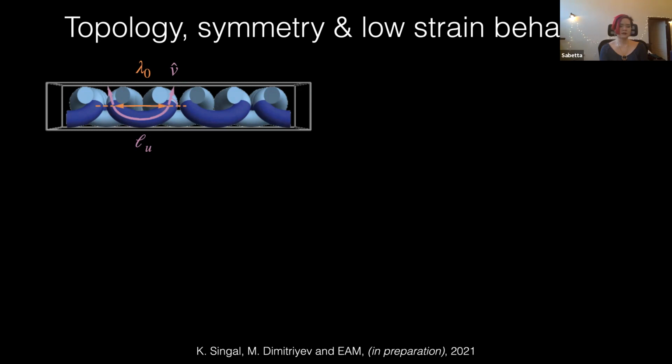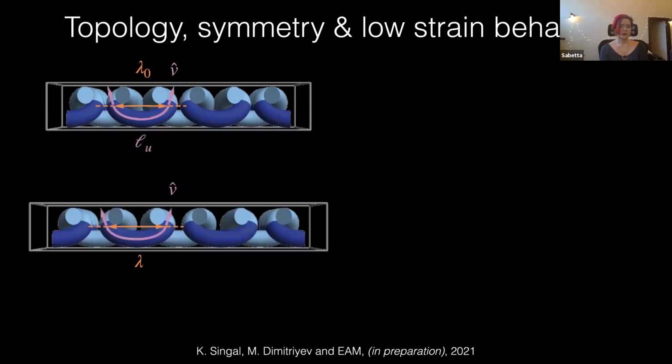And we want to see what happens so that we can take lambda naught to lambda naught plus delta lambda. When we do that, we end up with a stiffness that goes like 180 times a bunch of constants. And the constants don't really matter, and I'll tell you why in a sec.